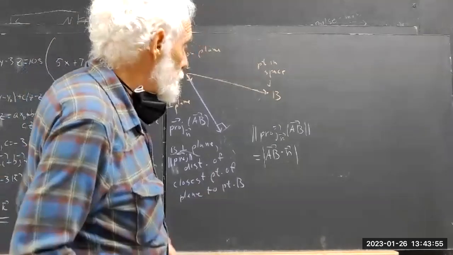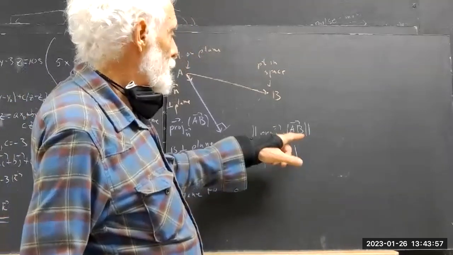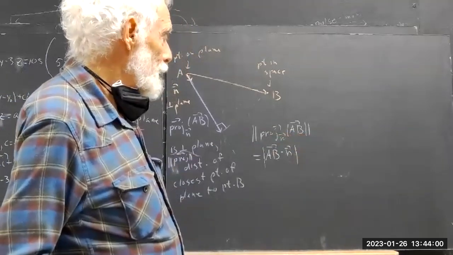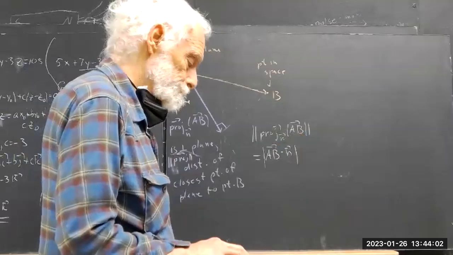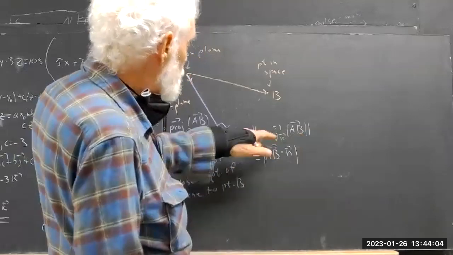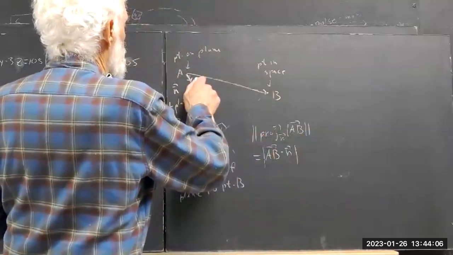The magnitude of the projection is the magnitude of AB times the magnitude of M times the cosine of theta.